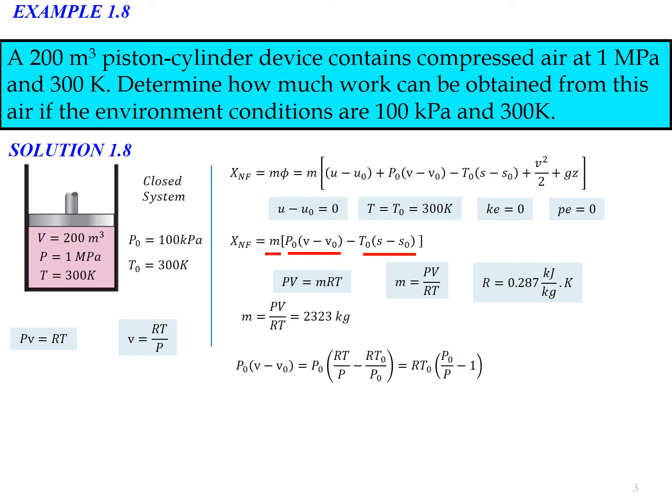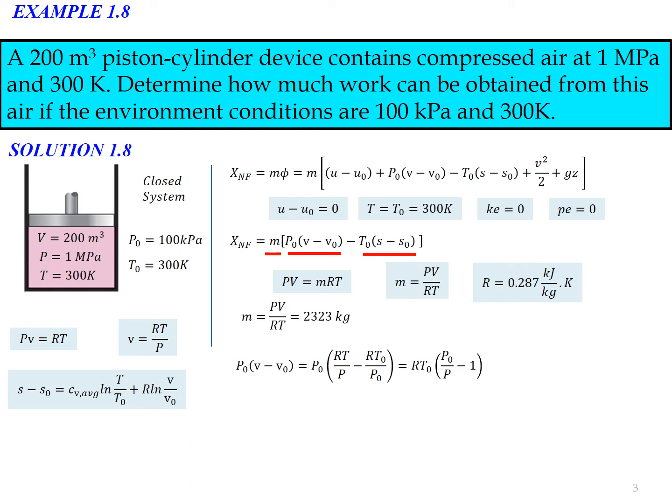Okay, so now we need to determine the term for T naught multiplied by (S minus S naught). To determine S minus S naught, we cannot obtain the value from the table, so we need to use the specific formula that we learned in the entropy chapter.